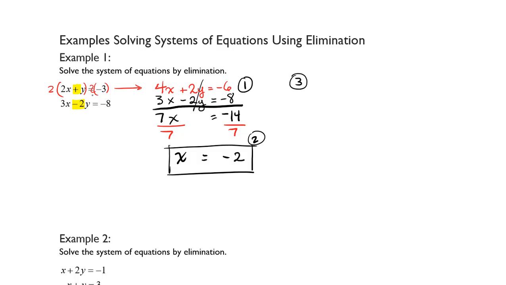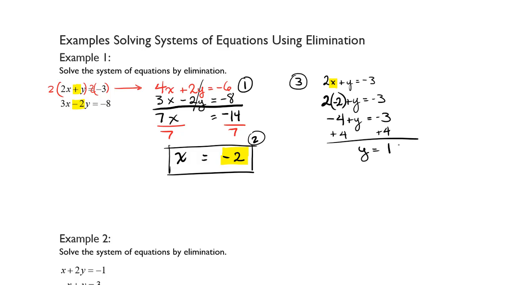It really doesn't matter, so I'll pick 2x plus y equals negative 3 and substitute negative 2 in for x. That gives me 2 times negative 2 plus y equals negative 3, so negative 4 plus y equals negative 3. Adding 4 to both sides gives me y equals 1. I have now found the solution to my system using elimination.